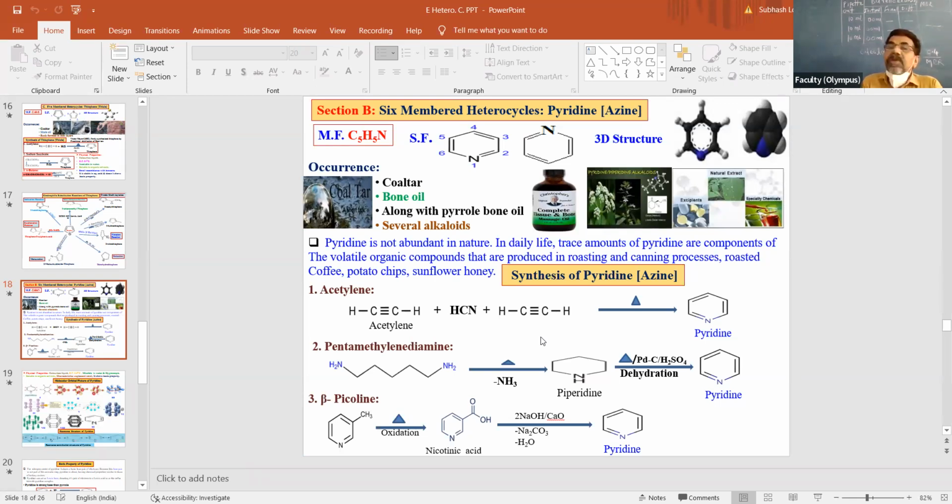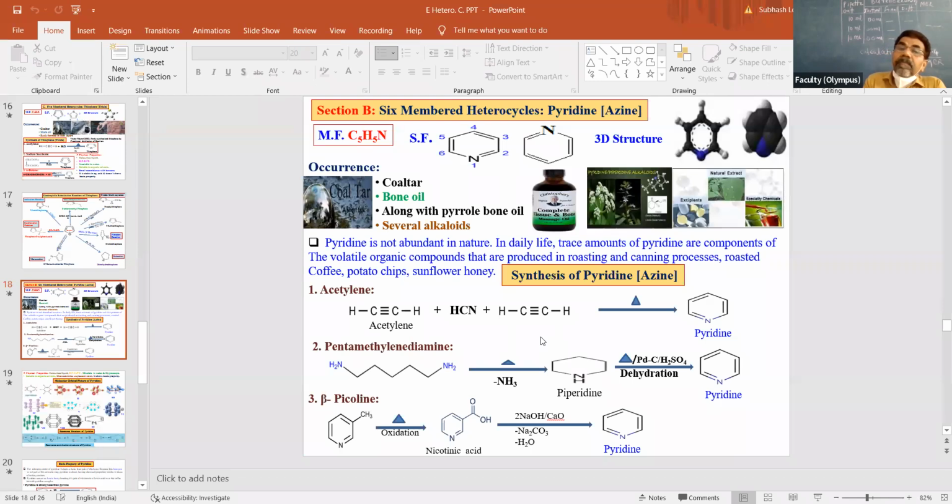Just heat, and you obtain a 6-membered heterocyclic compound containing 6 carbon atoms, 5 hydrogen atoms, and 1 nitrogen atom in the ring, resembling benzene. That is called pyridine.